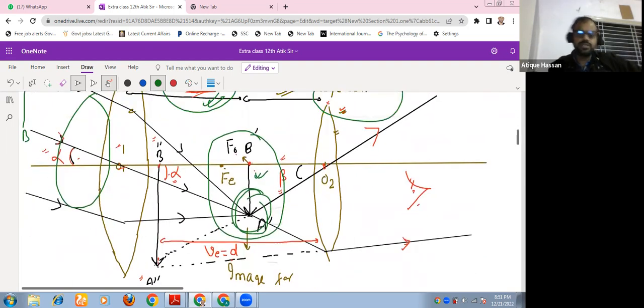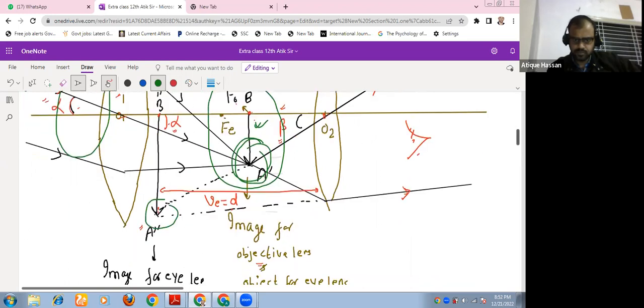Now here in the first case, we are considering the case that the final image is formed at the least distance of distinct vision. It means, obviously, we can draw the diagram like this for the final image, and we have assumed that the final image is formed at the least distance of distinct vision, capital D. Got it? So we have drawn the image of A dash B dash.